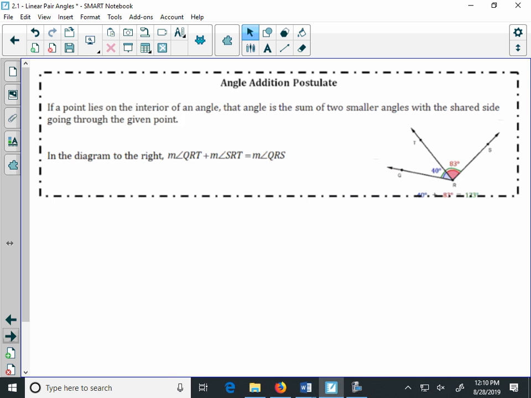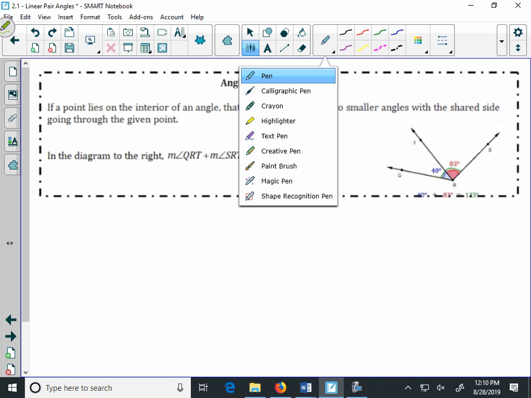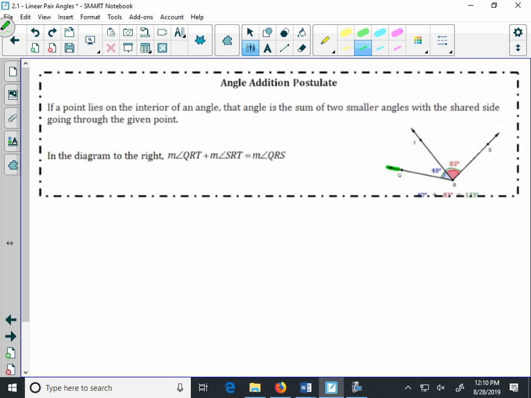And that is the angle addition postulate. Essentially, what that formal definition is saying is that if you have two adjacent angles, so this angle right here, QSR, is adjacent to what angle?